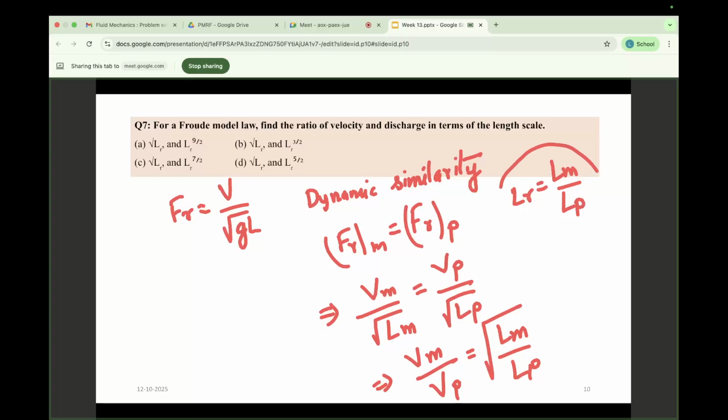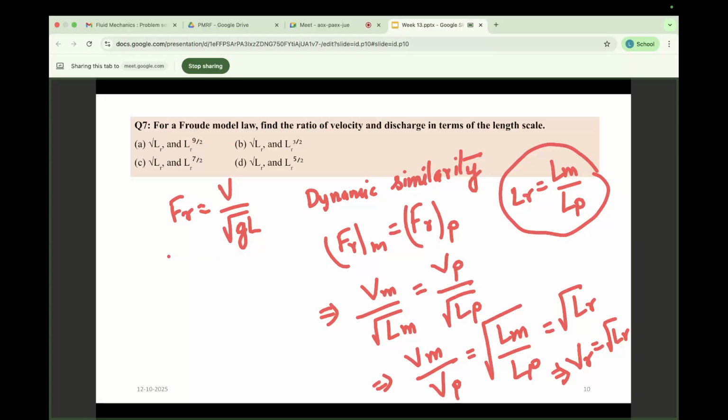So the ratio among the model and the prototype is known as Lr, or the length ratio. Similarly for velocity ratio it is Vm by Vp. So that means it is root Lr. So Vm by Vp means I can write Vr. Vr is root Lr.